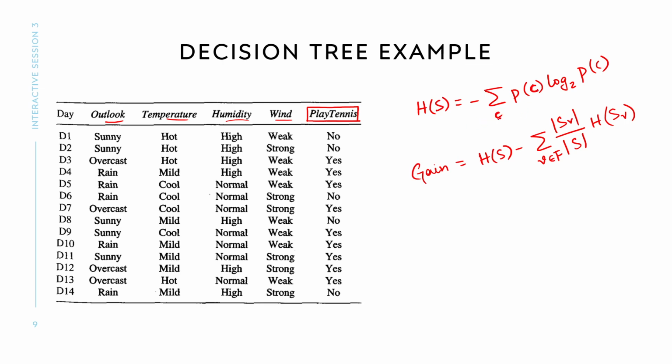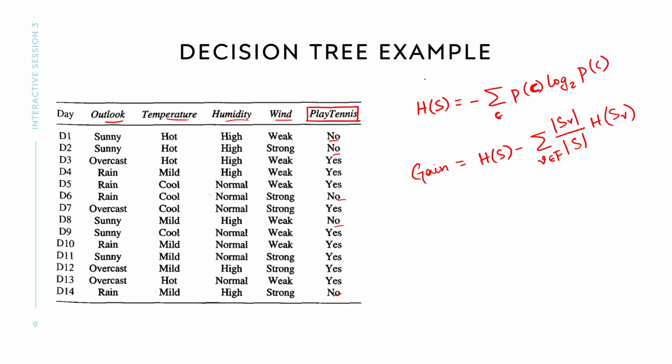Outlook actually has how many? It has this p(c), basically. So how we calculate that is, if you count it, one, two, three, four, five.